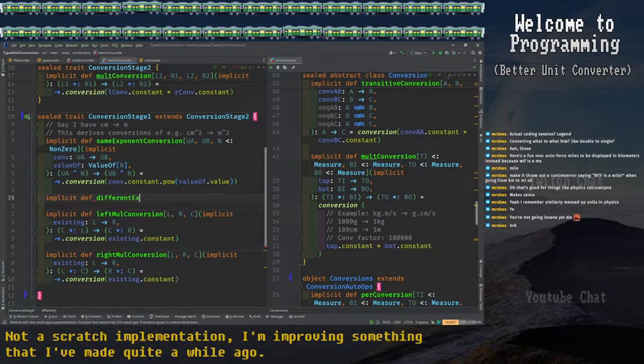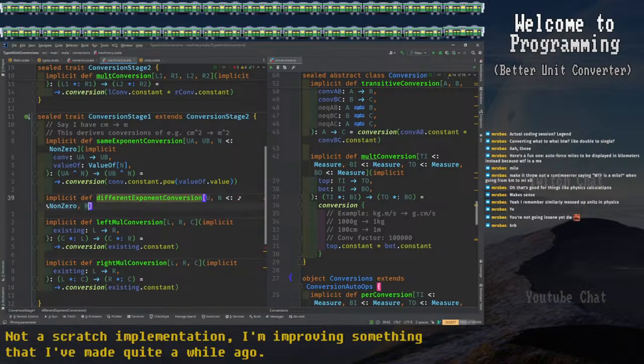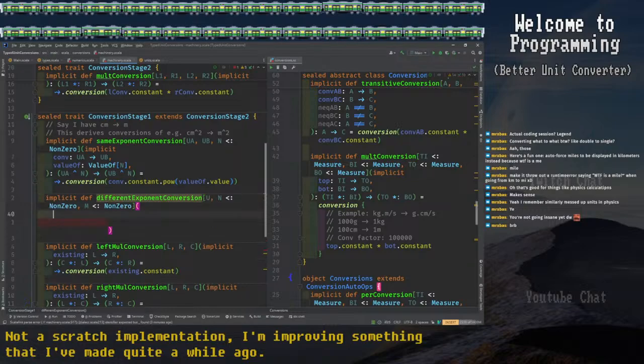Different exponent conversion. We have U A, so we have a unit, one exponent, and another exponent. Both non-zero, because having a zero exponent makes absolutely no sense for a unit whatsoever. Now what we need is the value of... my brain is currently not functioning.